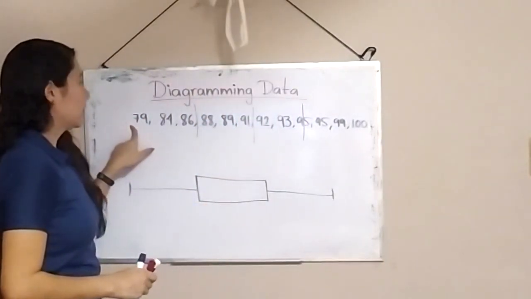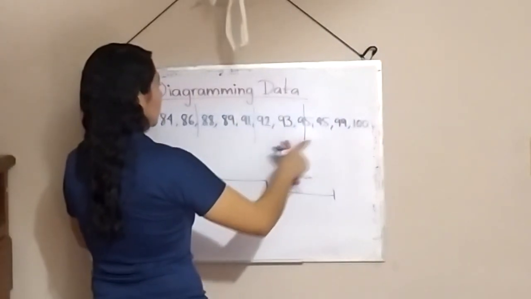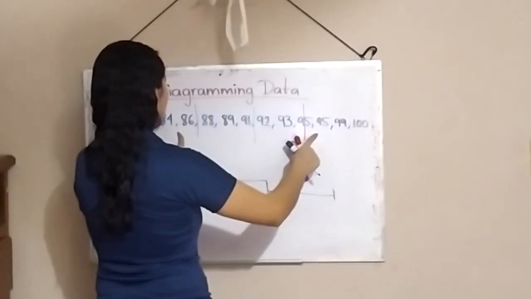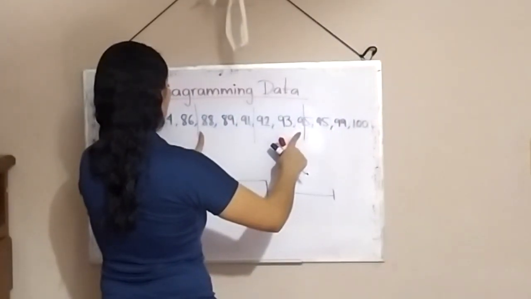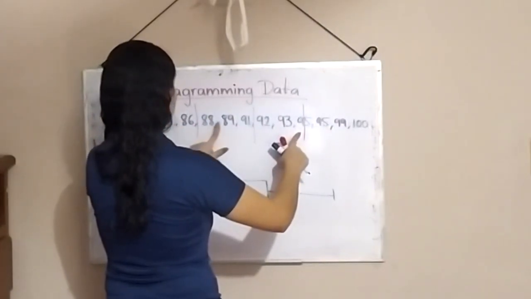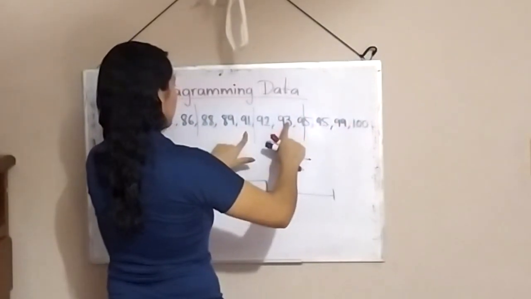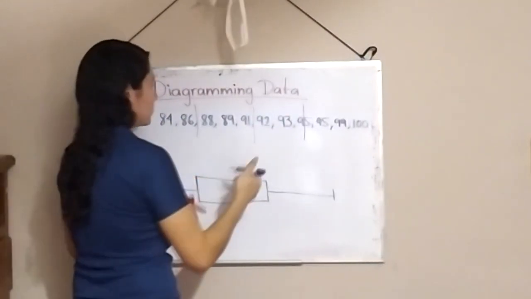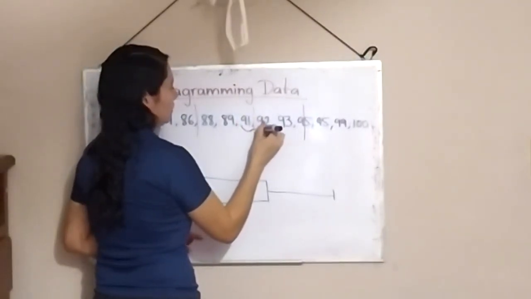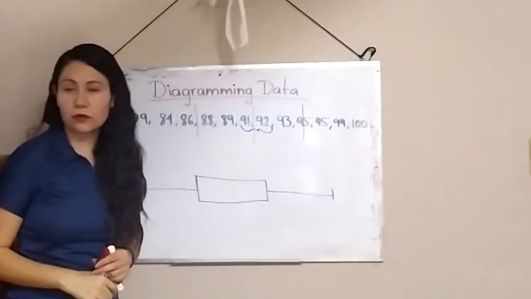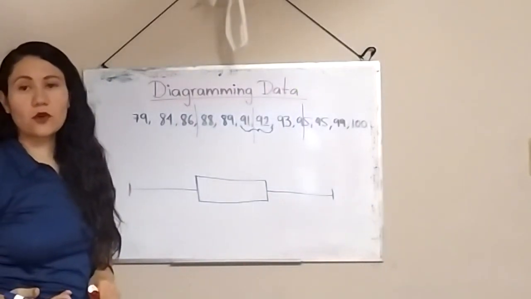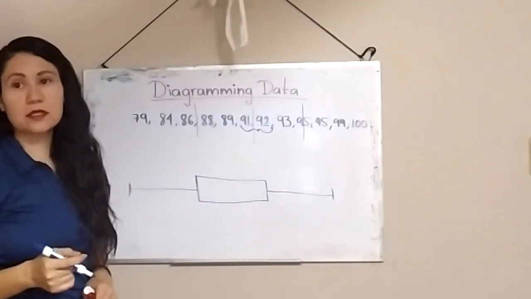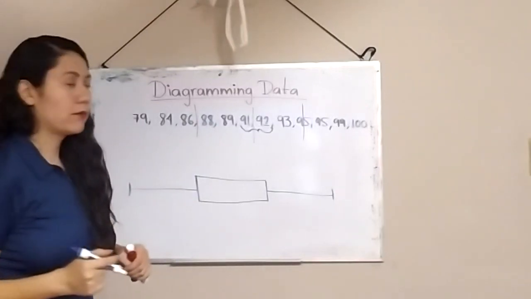We have here 2 middle scores, which are 91 and 92. When we have 2 middle scores, what we do is we average them.